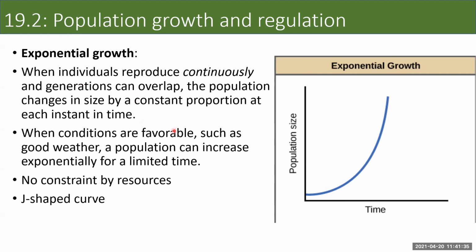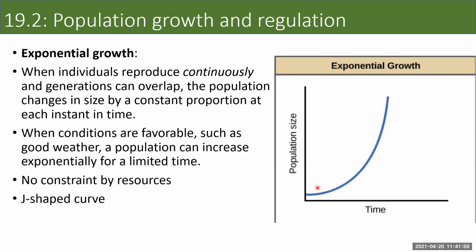The individuals in this population are reproducing continuously. Their generations are overlapping, and the population is changing in size by this specific proportion every instance in time. Every point on this curve is an instance in time that we can calculate.